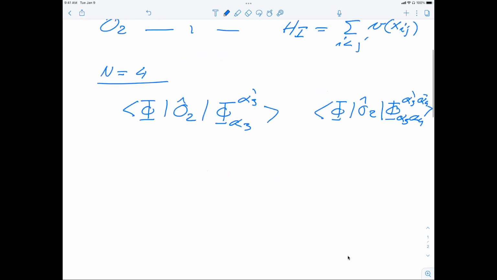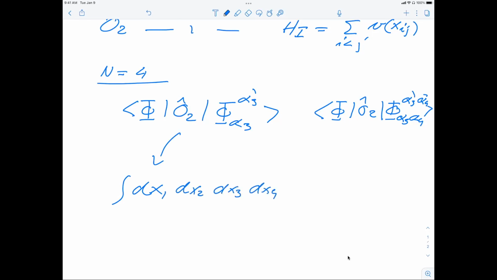So let's look at the first case. And it's useful to write out the matrix elements in terms of integrals. So if we take this case, now we are plugging in the operators as well. We would have an integral dx1, dx2, dx3, and dx4.